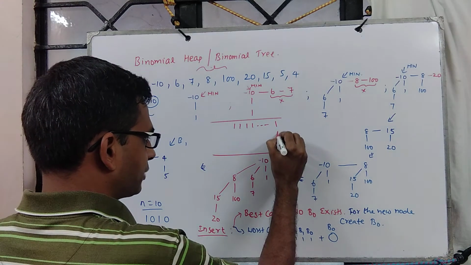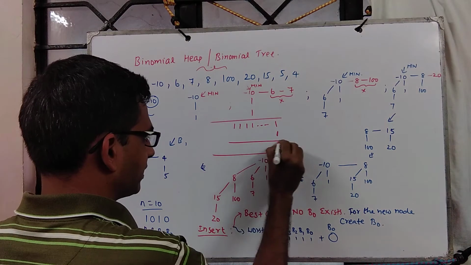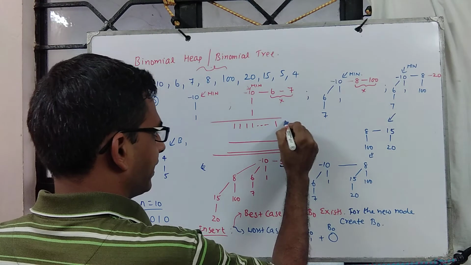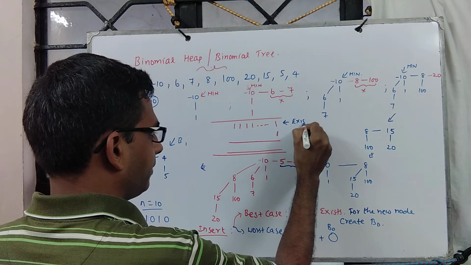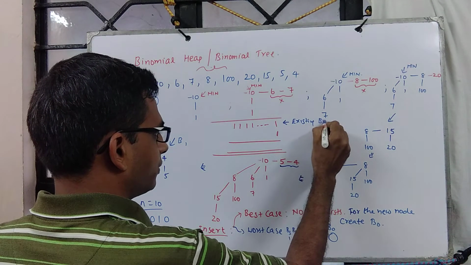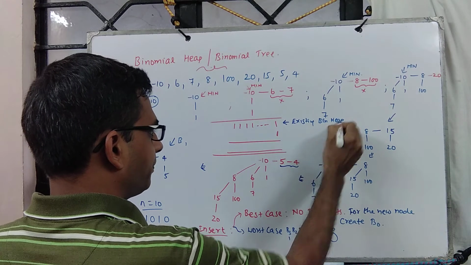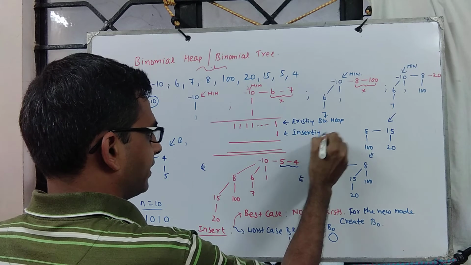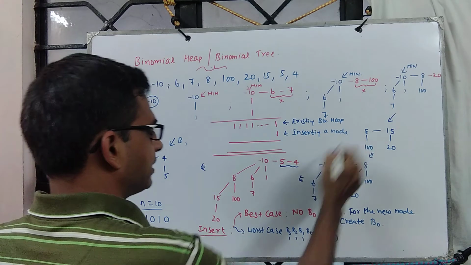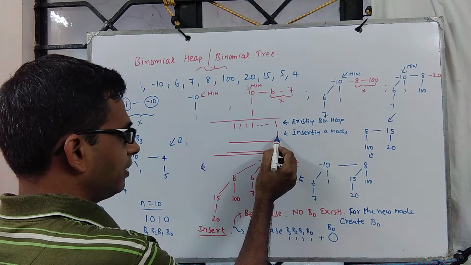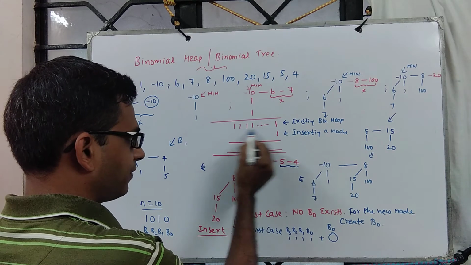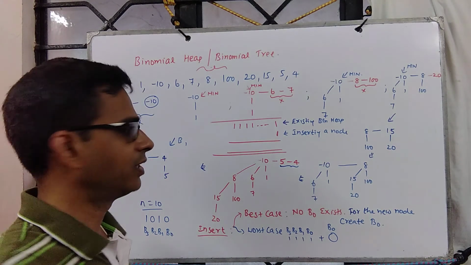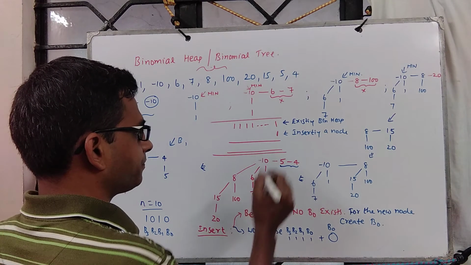Inserting a node is actually adding 1 to the binary representation of n. So now this is our existing binomial heap. To this existing binomial heap, you are inserting a node. Inserting a node is equivalent to adding 1 to the binary representation of n, where n is the total number of nodes in the existing binomial heap.